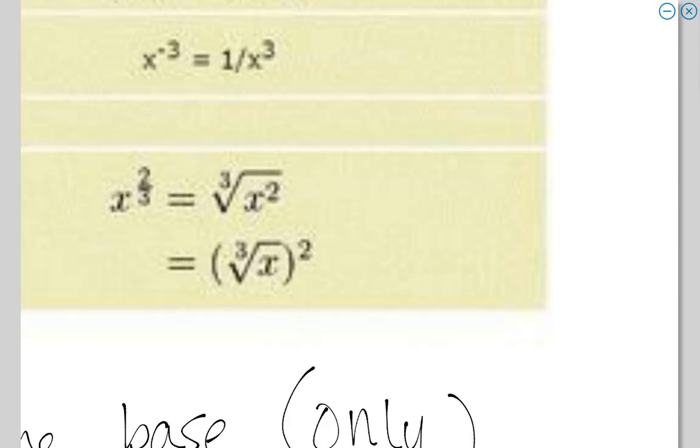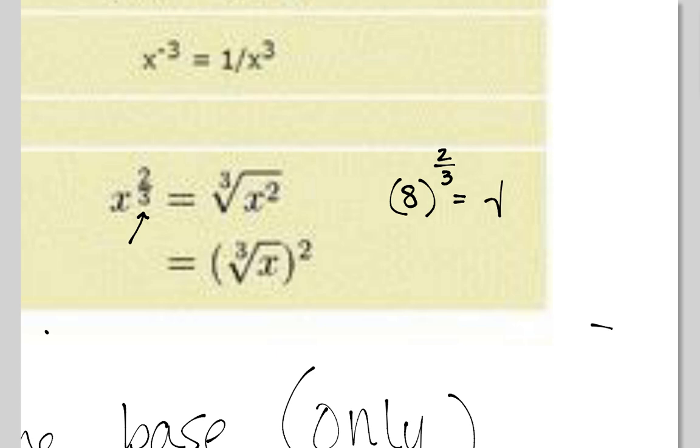So for example, this one here, I'll actually just use a number to show you. I'll choose one that makes sense. Because this is a 3 in the denominator, that means it's going to be a cube root. So let's just use a perfect cube like 8.